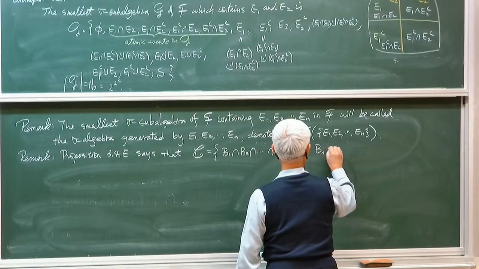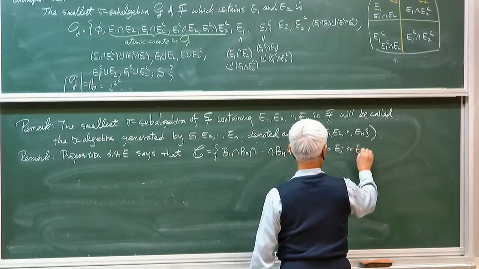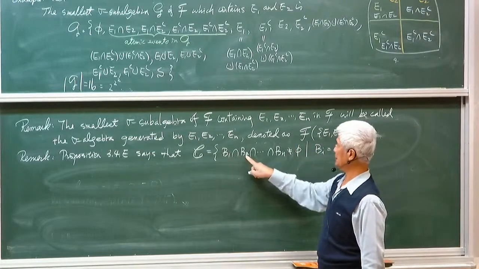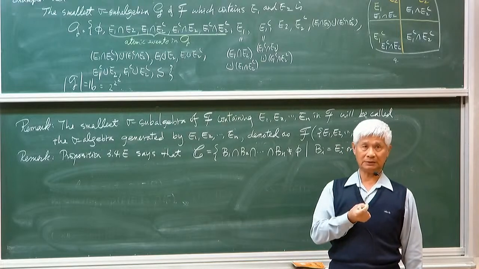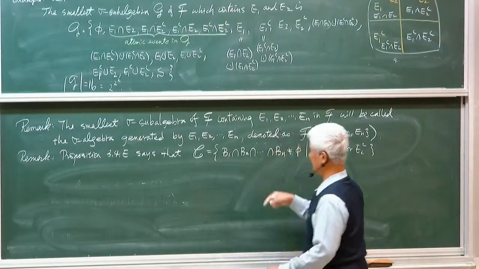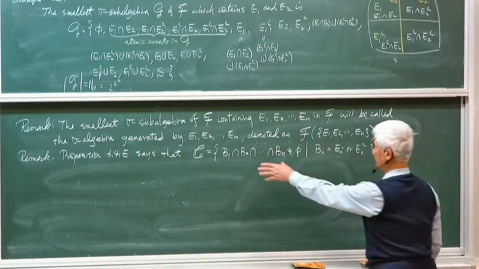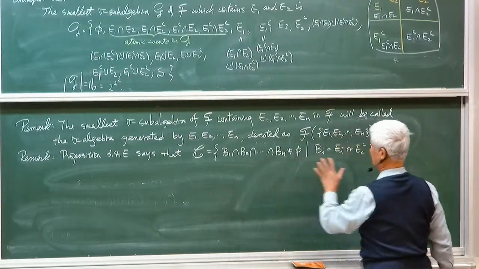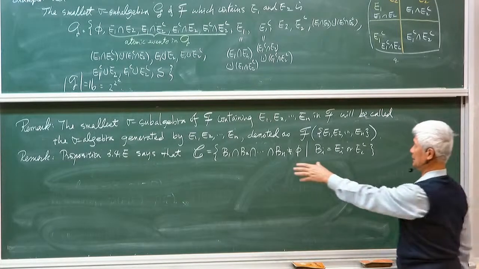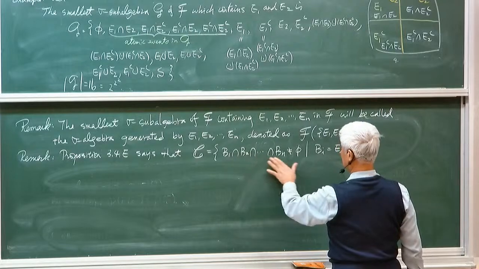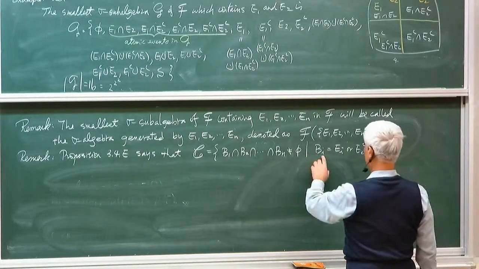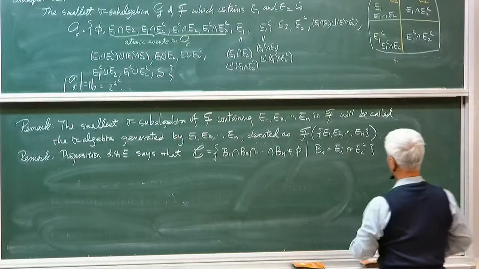Because it's possible that the intersection becomes the empty set. So we just collect all events formed in this way, but which should be non-empty. So any such intersection which is non-empty, and Bi is either Ei or Ei complement.